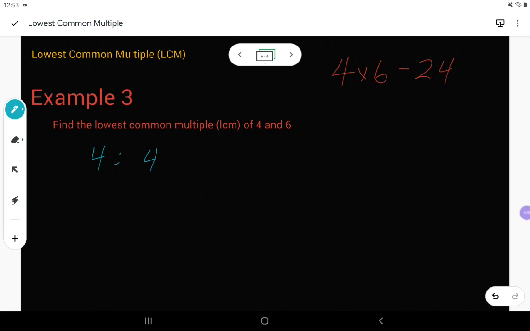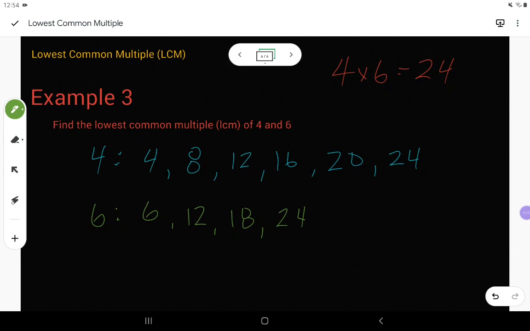If I count by 4s, I go 4, 8, 12, 16, 20, and I'll write 24 because I know I'm going to have a common multiple at 24. But when I look at my 6s, we go 6, 12, 18, 24. Yes, we have a common multiple at 24, but we have one earlier than that, at 12.